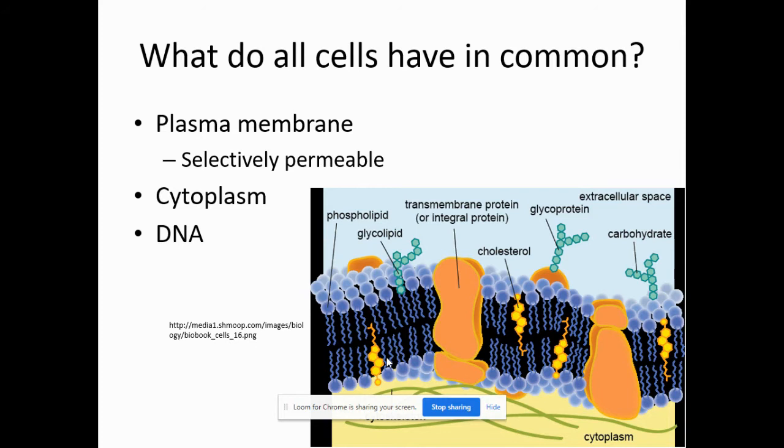The cytoplasm also houses all the organelles that we'll talk about later. And then all cells, like we said during the cell theory, contain DNA, which is the hereditary material of the cell. Now, it doesn't mean that they always keep that DNA. Some cells lose their DNA as they mature. For instance, your red blood cells.